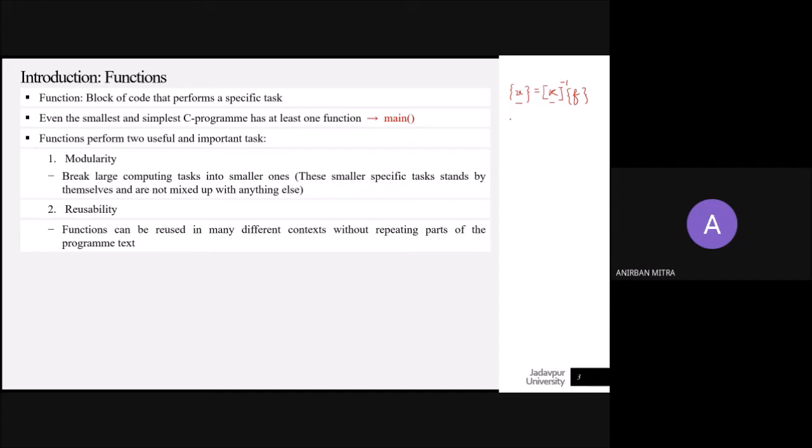That will only increase your program volume. Alternately, you can save this block, matrix multiplication subprogram, as a function. And at those 5 different locations, you can call the matrix multiplication function and it will serve your purpose. So it reduces the program volume.